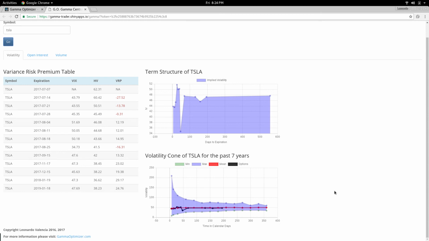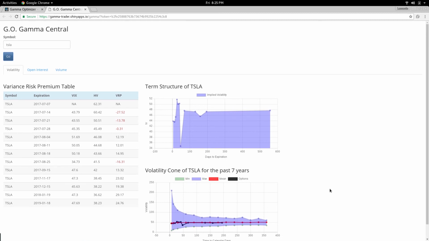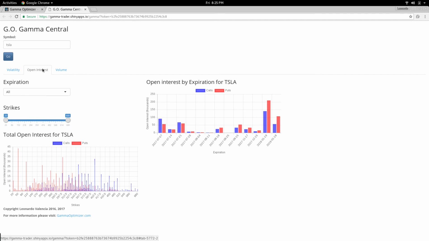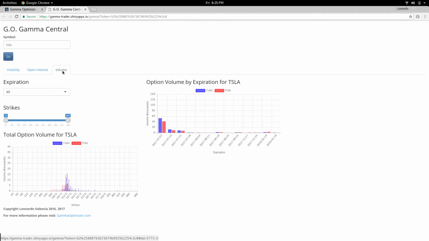So this is it for the introductory video to the Gamma Central. These tools, the variance risk premium, the term structure, the volatility cone, and the open interest and volume information together provide an incredible view of the options market for any underlying. So please give it a try, play with it.